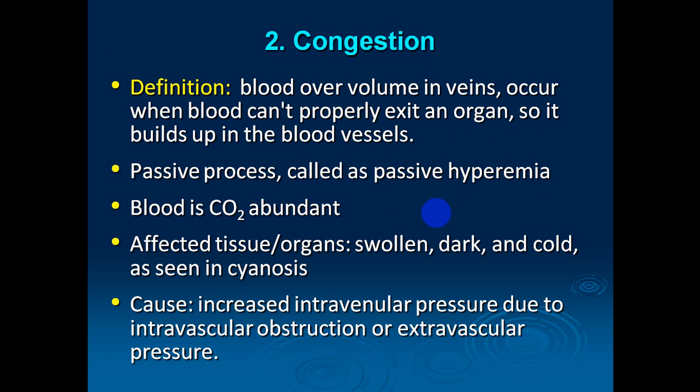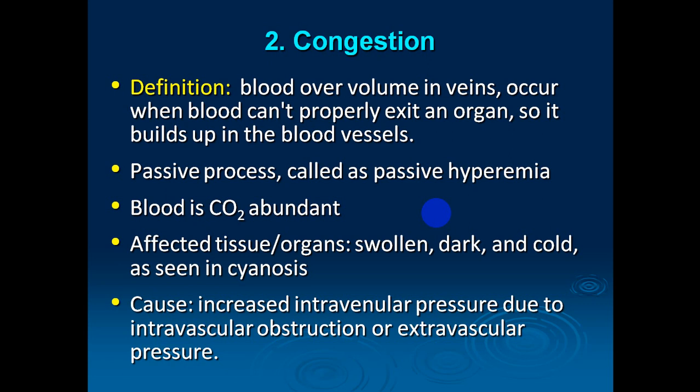Because the blood flow is not regulated by the pumping activities of the heart. The blood flow actually happens because there are differences in the intravascular pressures, and it's much slower than the transport process of blood by the heart in the artery. Okay, we call it passive hyperemia because it will move voluntarily into the heart.